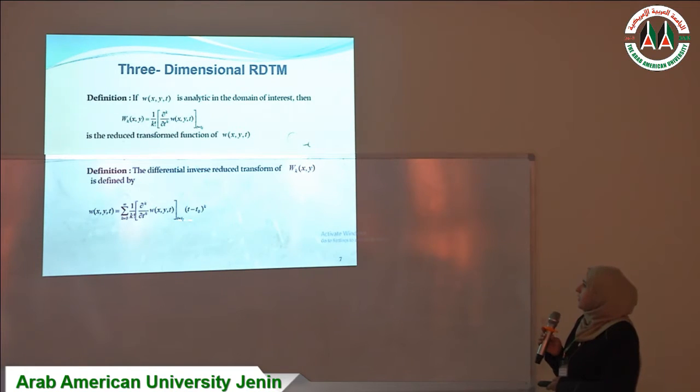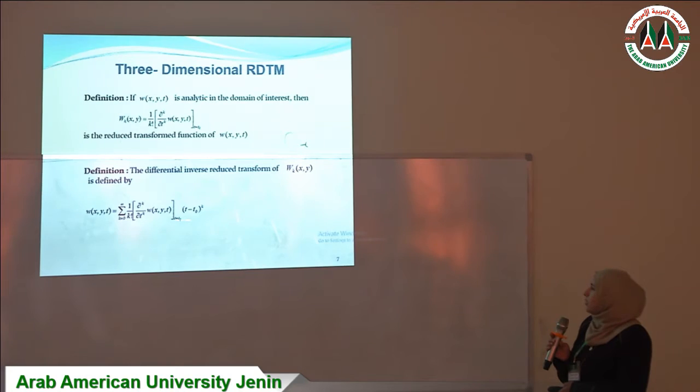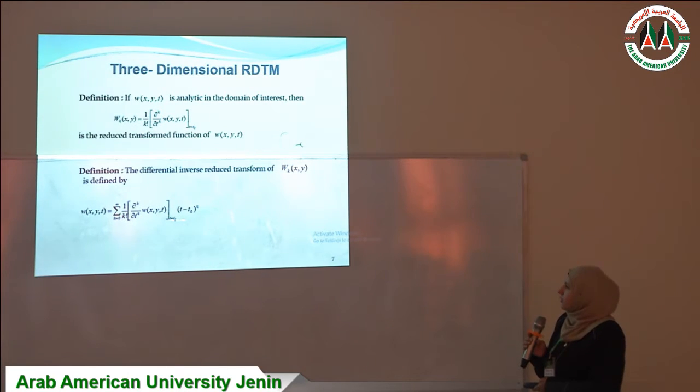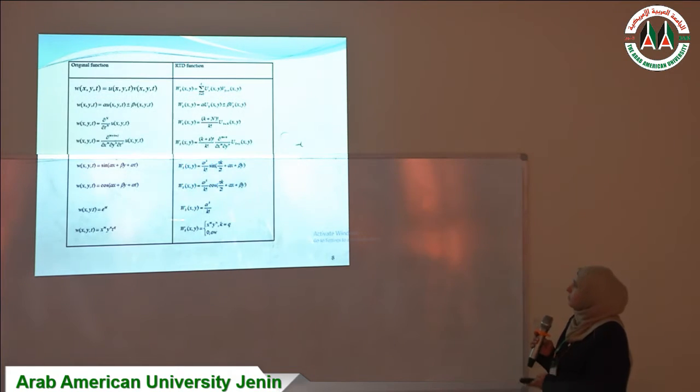Also, we need the inverse reduced differential transform of capital W sub k(x,y), which is defined by this series using the reduced transform function. This is the sum of reduced differential transform functions, which is used to solve ordinary and partial differential equations. Also, we use it to solve Volterra integral equations.